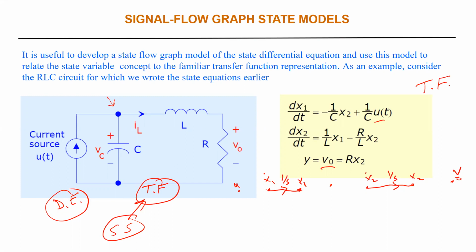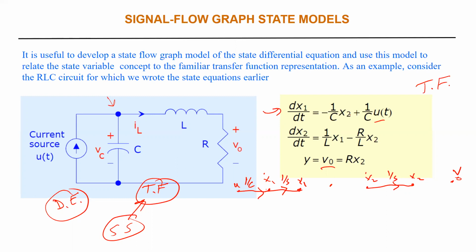Now let me take this differential equation and put it in the signal flow graph. So x1 dot equals what? 1 over C times U. This is U, so I take a gain of 1 over C. What else do I need?